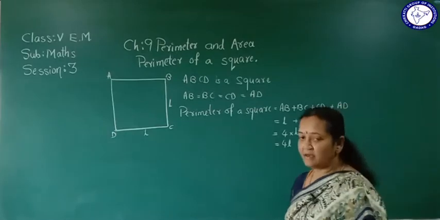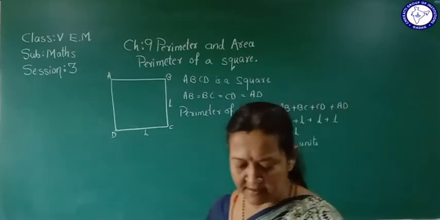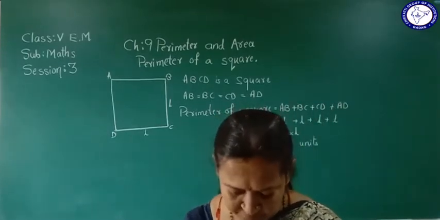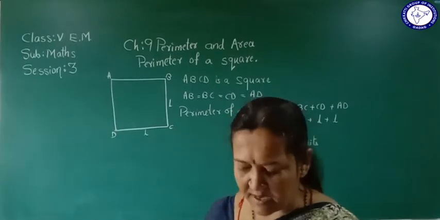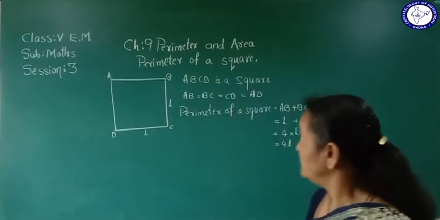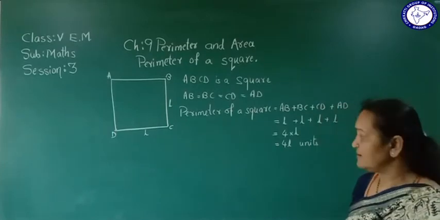Now here let me go to exercise 9.2. So every square has two dimensions, length into length.